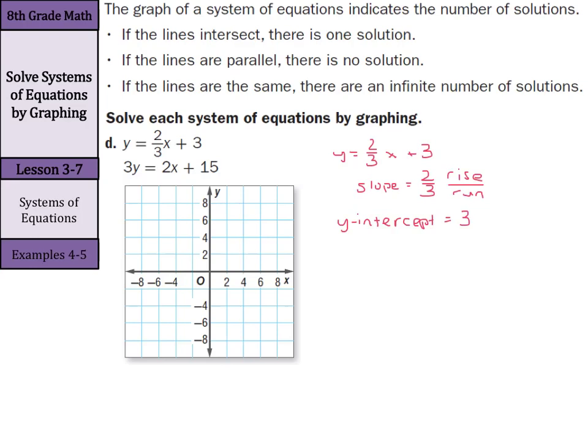So our y-intercept, we're counting by 2's on this graph, so it's going to be between our 2 and our 4. And as we go up 2 and run 3, be careful because we're going up to 5, which is right here. So it's not like we're going 1, 2, although you could. You just have to be really careful if you're going to do that. But as we rise 2, we're going from 3 to 5, and our run of 3 is 1, 2, 3 out kind of here in the middle.